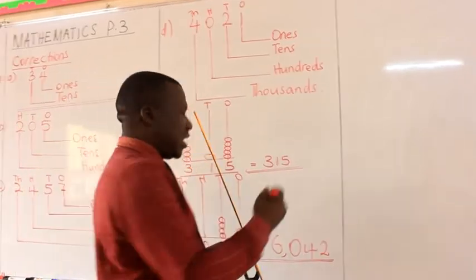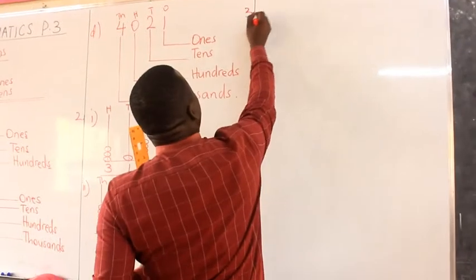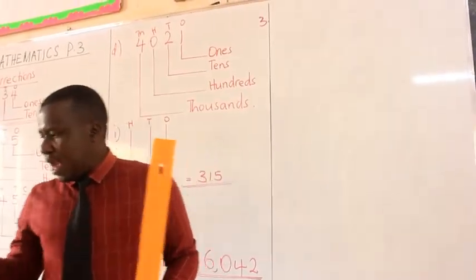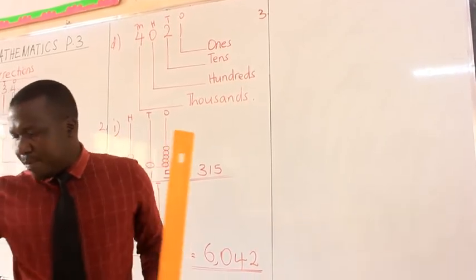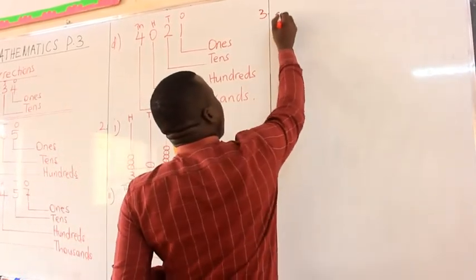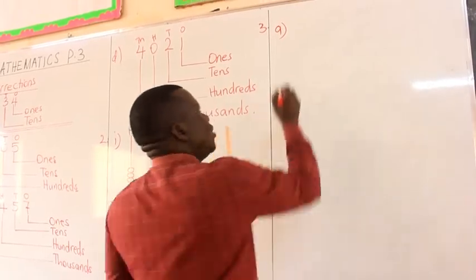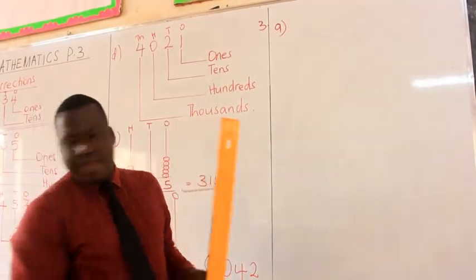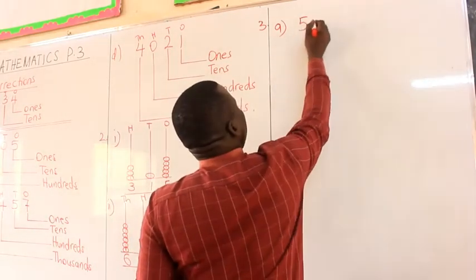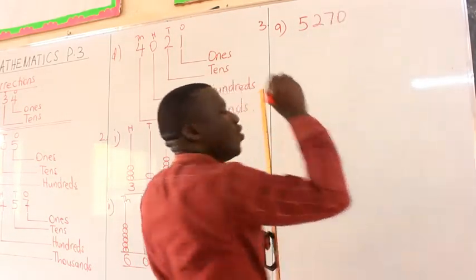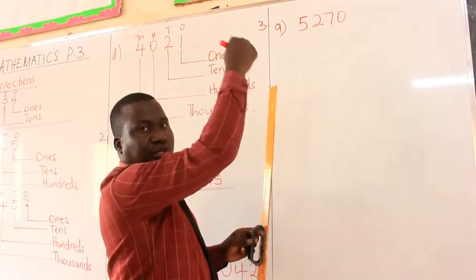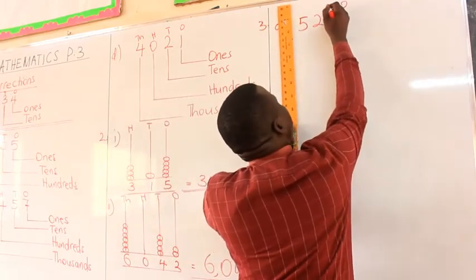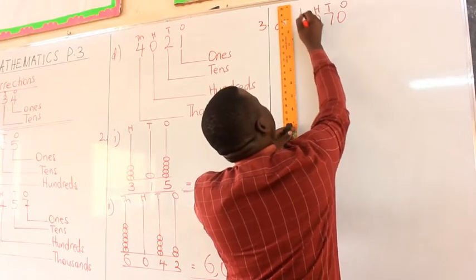Now we move on to number 3. It was saying, draw and show the numbers below on the abacus. Part A, 5,270. Remember this is under ones, tens, hundreds, thousands.